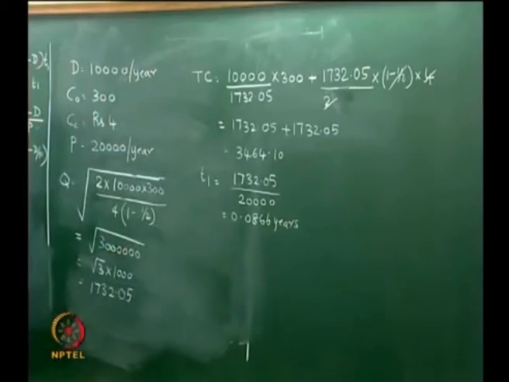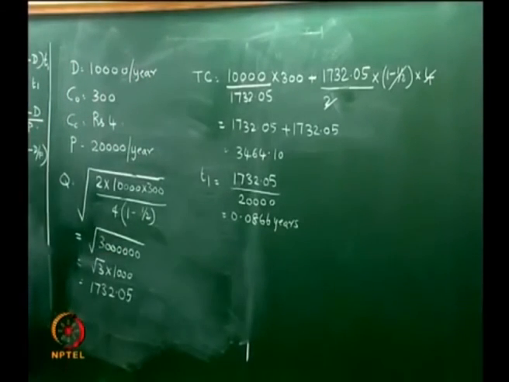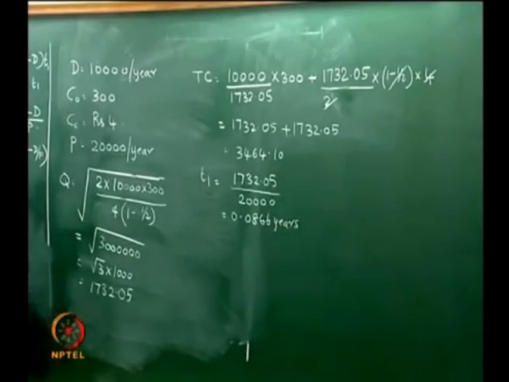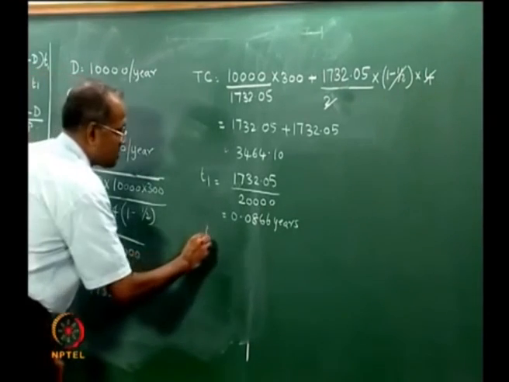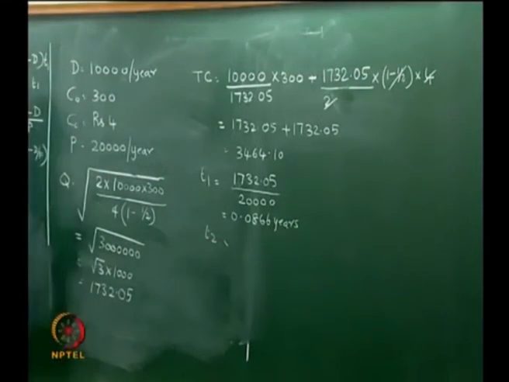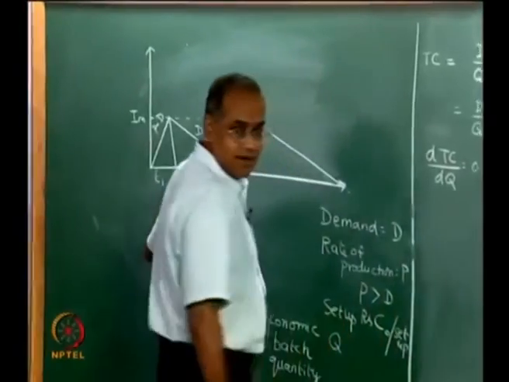Now, this can be converted into hours to know the number of hours that we produce. Similarly, T2 can also be calculated and the cycle time T can also be calculated.